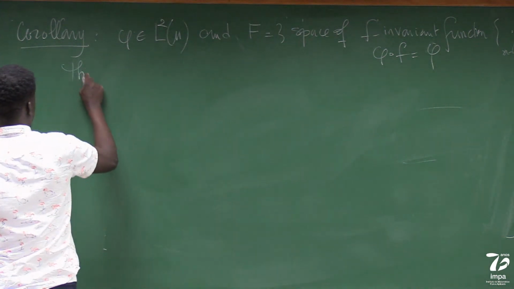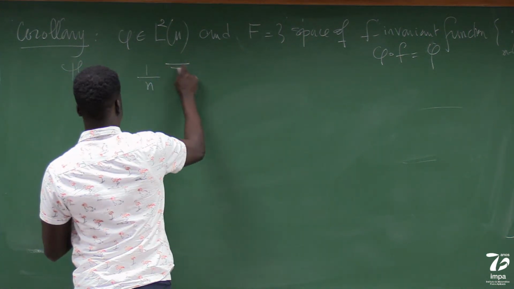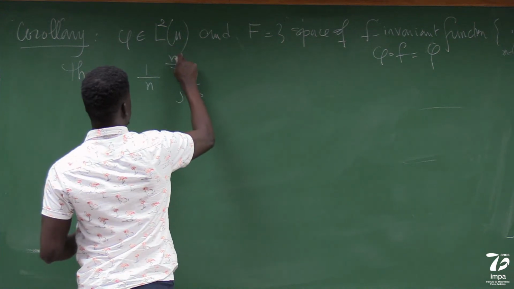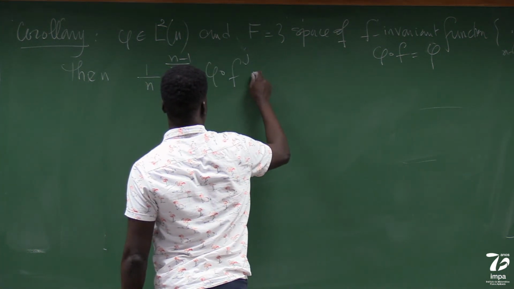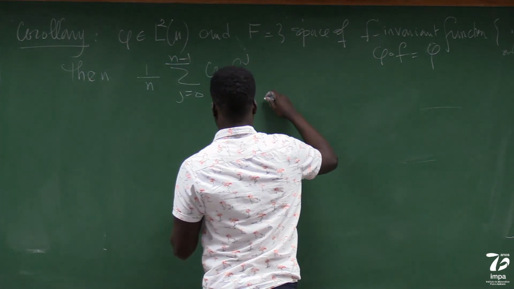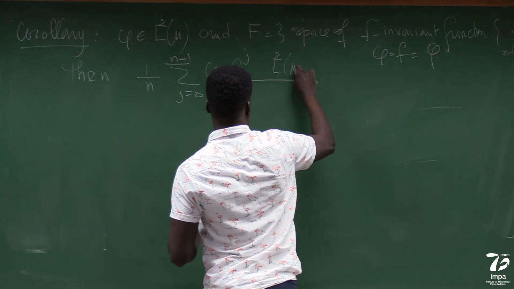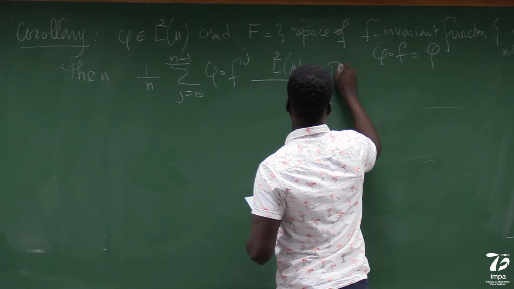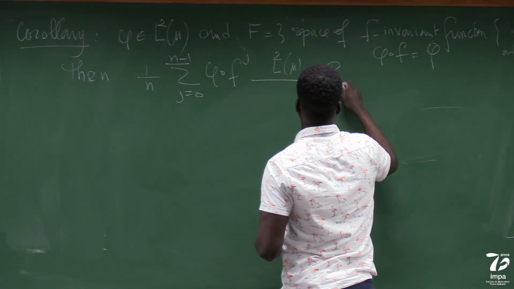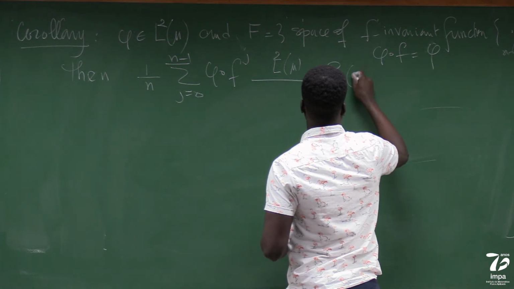Then 1 over n of the sum is converging in L2 to P F of phi.